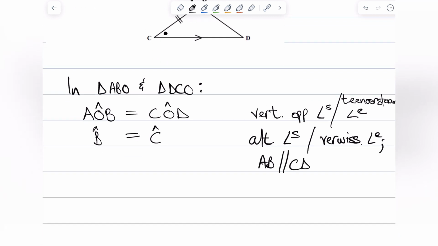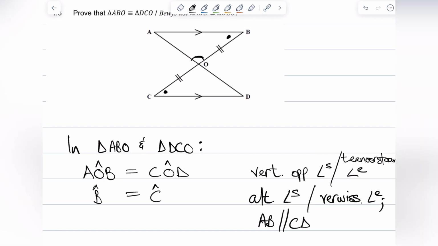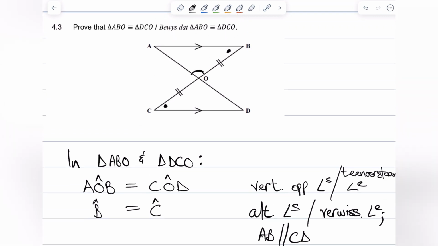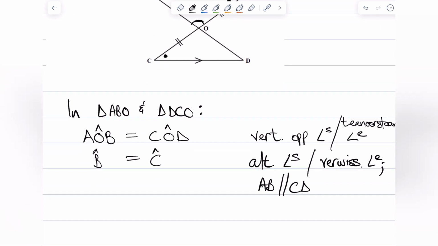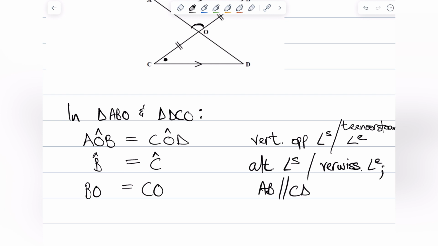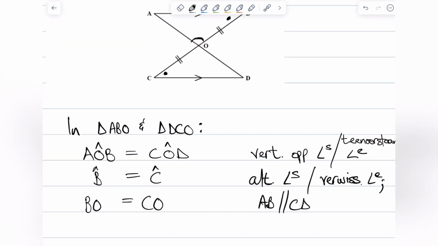Okay, so that is the second piece of evidence. The third piece would then be, to complete our condition here, we can say in triangle ABO, side BO equal to side CO. Again, I'm saying it in that order because in the triangle name, we've got side BO listed as B, then O, and in DCO, we've got CO. So BO equal to CO. Oh, I wrote that in the wrong place.